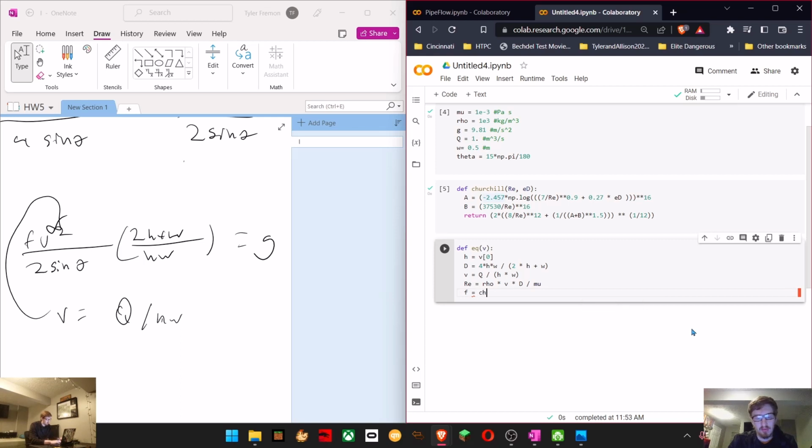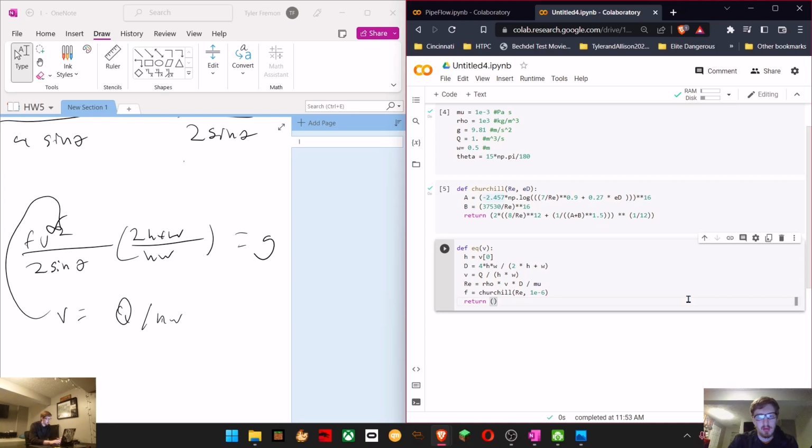So F will be Churchill of H, and then our Reynolds number, and then we need something for the roughness, so we'll just go with 1e-6 for now, and that should be good enough. Then we want to return our expression here for g.